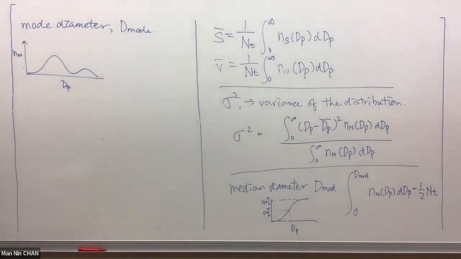So you just try to calculate the slope, set it equal to 0, and then locate this local maximum.